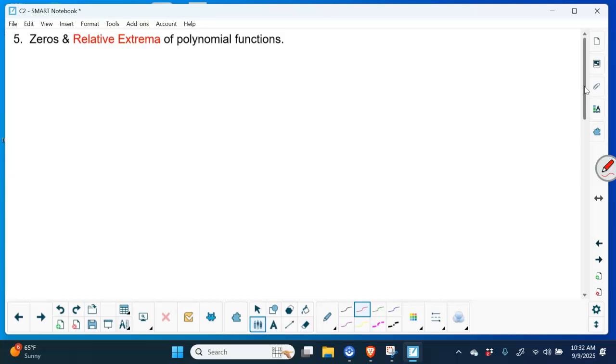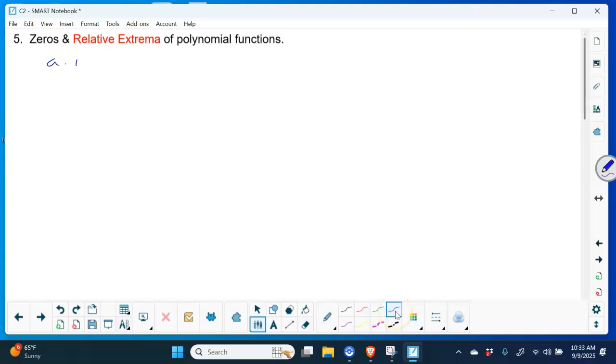How about zeros and relative extrema? All right, so the term relative extrema is important in calculus. Again, we're pre-calculus, so we want to get this term down, relative extrema. So zeros and relative extrema. So let's write some notes.